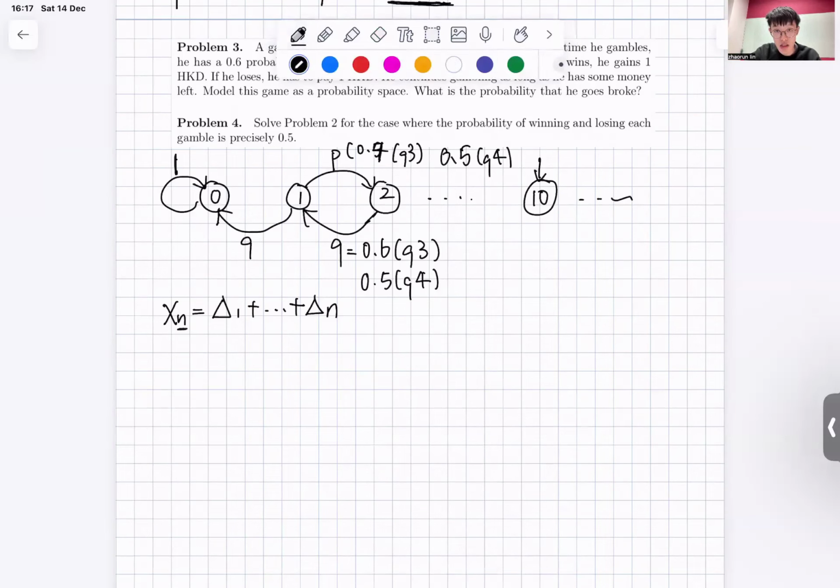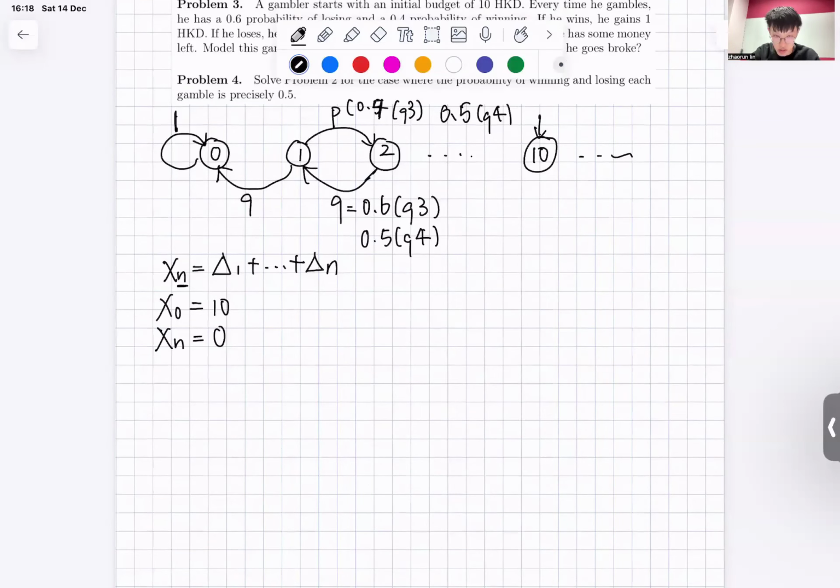This is the state that the gambler is at after n steps, and each delta is a move on the Markov chain with this probability. We have x0 equals 10 Hong Kong dollars because we start at 10. The game will end when xn equals 0. So maybe after n steps, the gambler has no money, so xn equals 0.